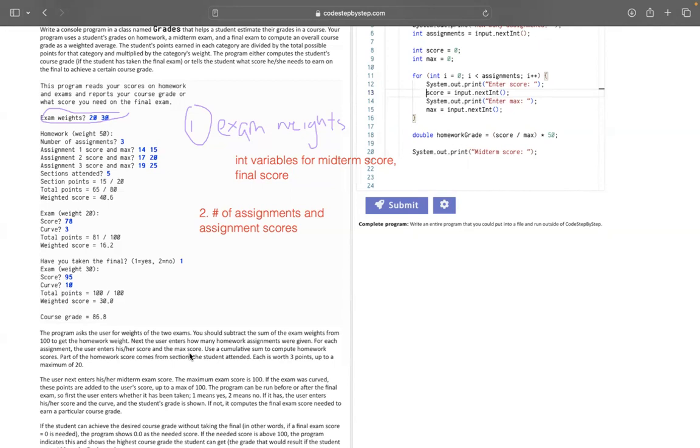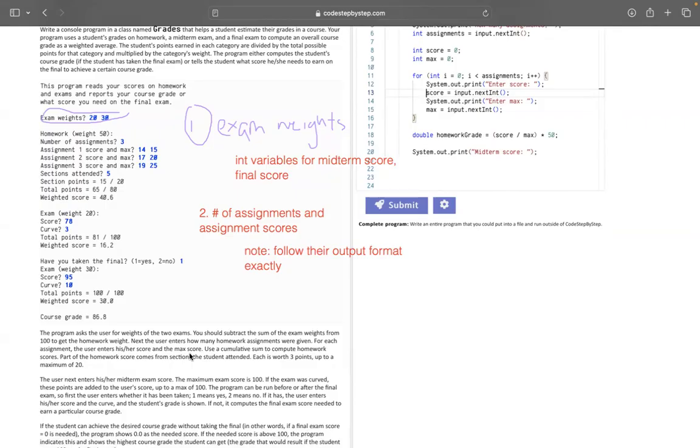The one thing I'll note here is follow their output format exactly. Right now in your for loop, what you're saying is enter score and then enter max. But if you look at what they did, what they print out is just one line: assignment one, score and max, question mark.